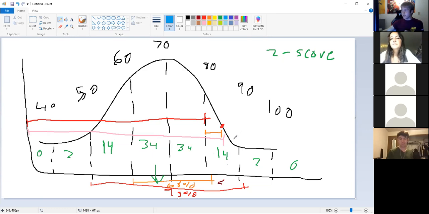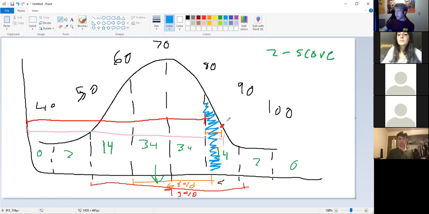The one thing I would note, when you're making the approximation for this last area here, is that even though this is in the middle, it's not going to be half of 14. It's going to be more because there's a lot more on the left side of that point than there is on the right side. Why?